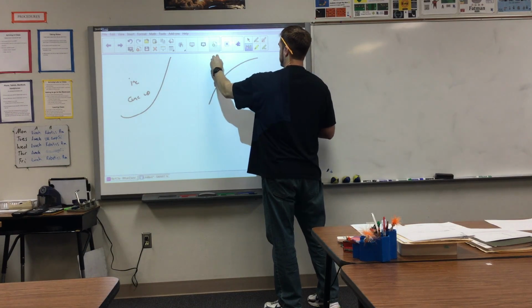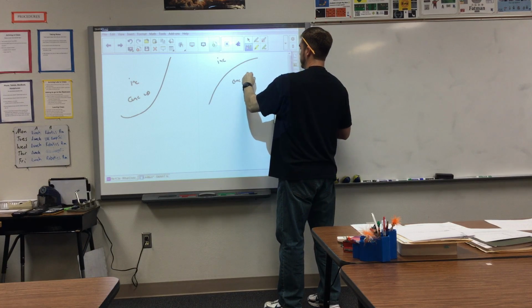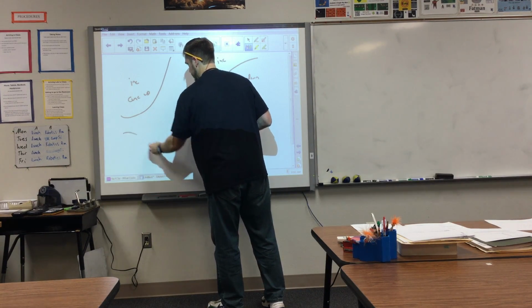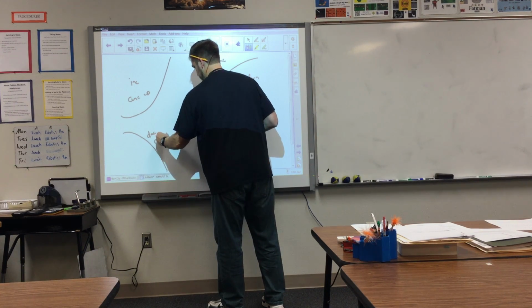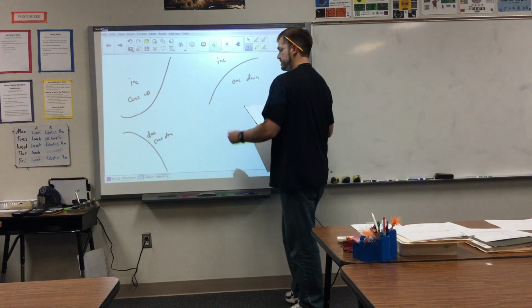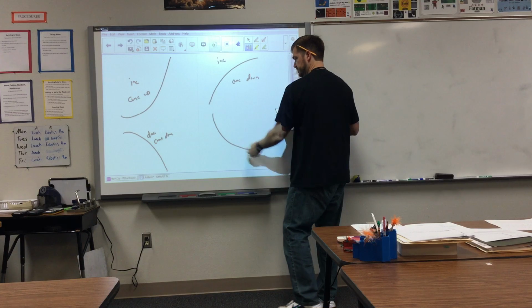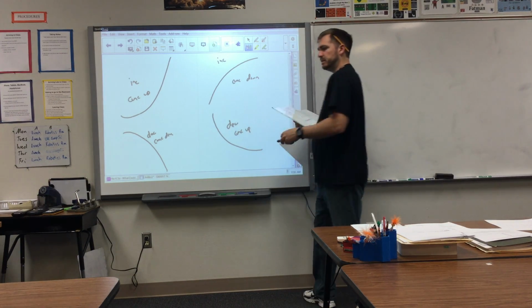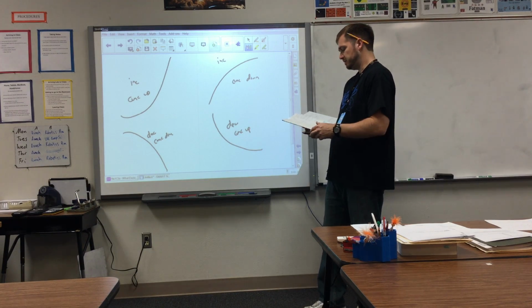Notice the function's still increasing, but it's concave down. And just in the same way, you could have decreasing and concave down, but you could have decreasing and concave up. So just be very clear. Increasing, decreasing are something completely different than concavity.